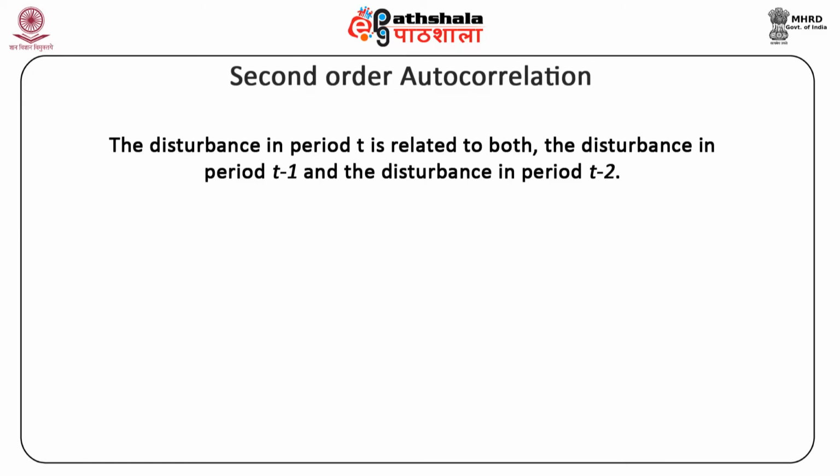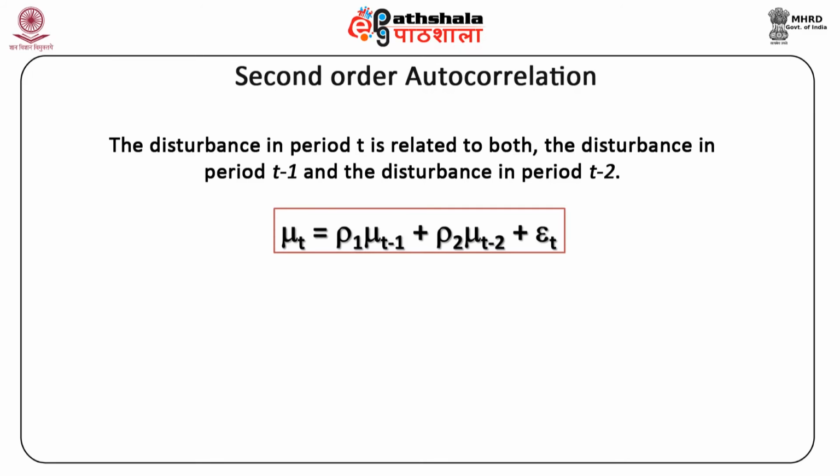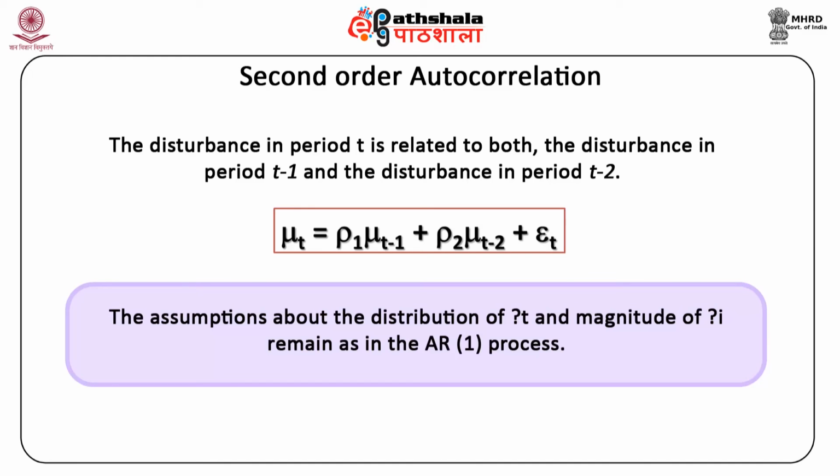In this case, u_t = rho_1 u_(t-1) + rho_2 u_(t-2) + epsilon_t. The assumptions about the disturbance epsilon_t and the magnitude of rho remain as in the AR(1) process.